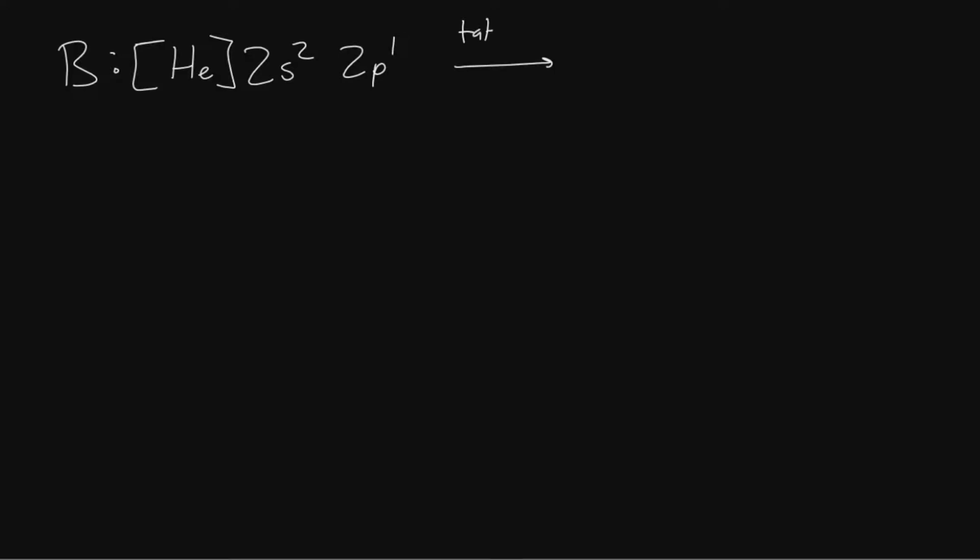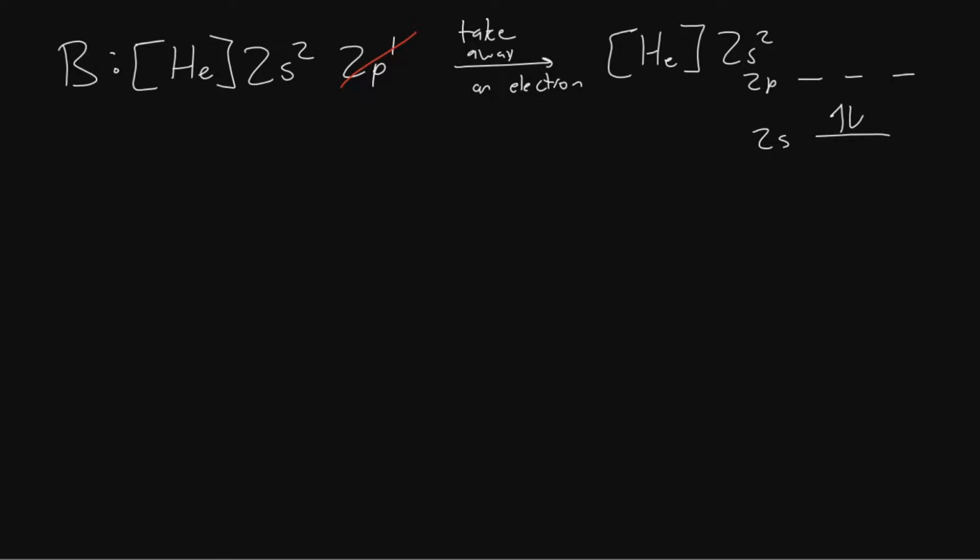Now let's take away an electron. This will give us helium 2s2 because we are taking away the p before we touch the s. If we draw an orbital diagram for this, the 2s has 2 electrons and the 2p is completely empty.